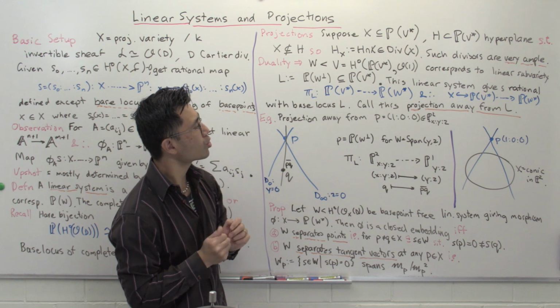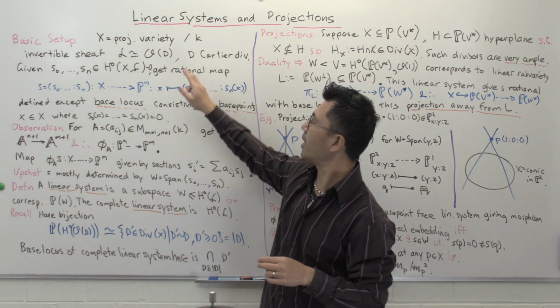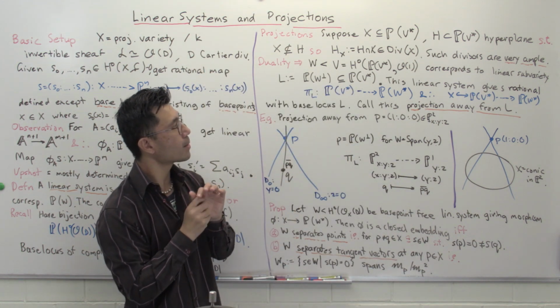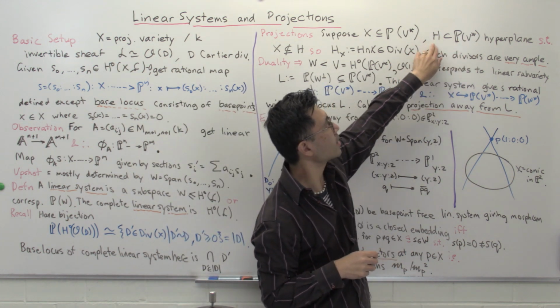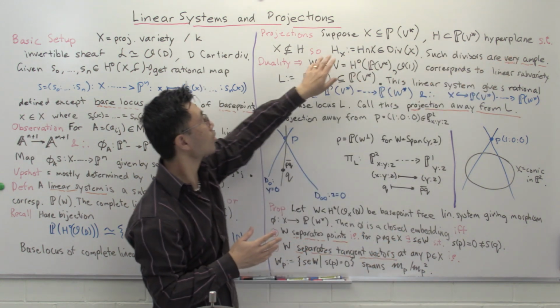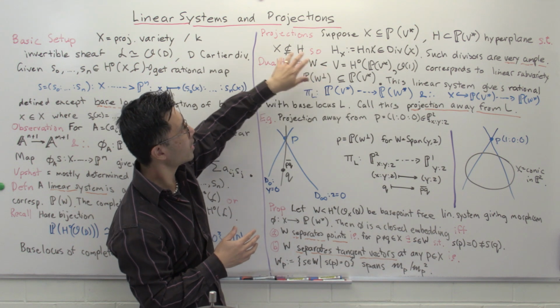The situation we want to look at is to pick our D to be what's called a hyperplane section. So we have some P(V*) here, and we pick inside it any hyperplane that we like, chosen so that it does not contain all of X.